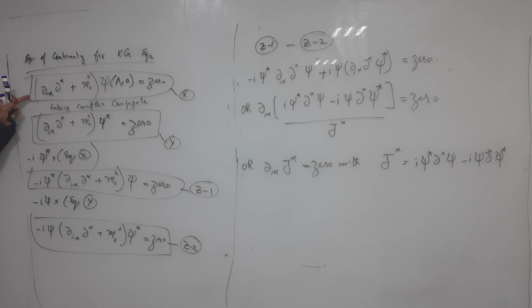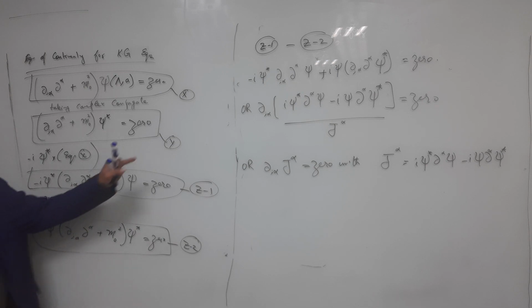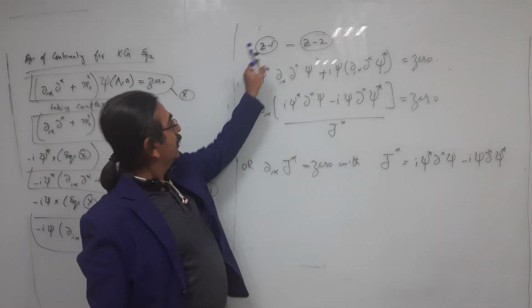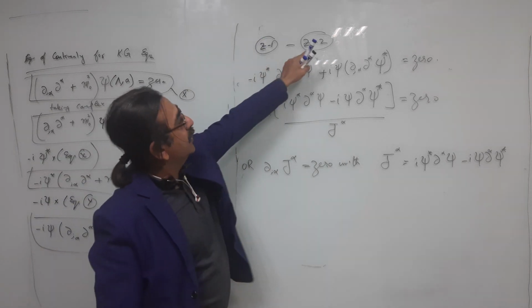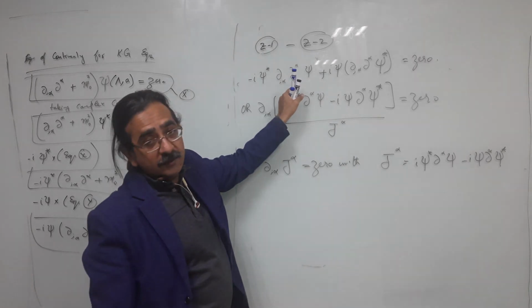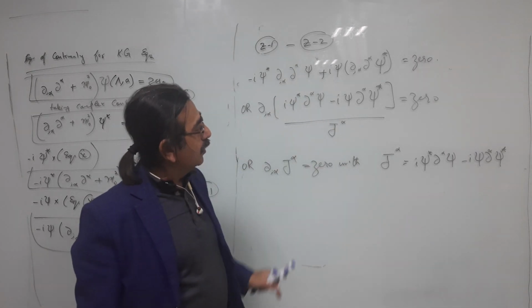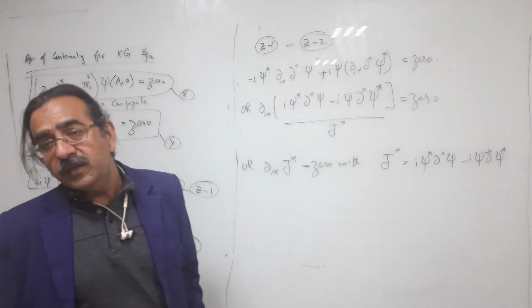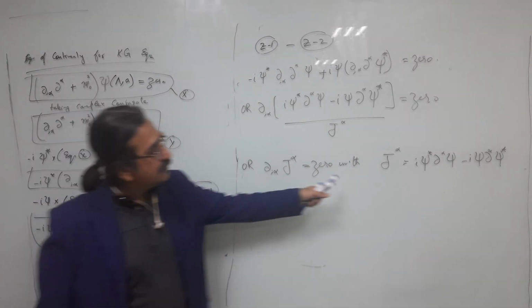I repeat it. Firstly, I write the equation, then I take the complex conjugate, then I multiply the equation with this, and we get this result. Then I multiply with this, and we get this. Then we subtract the second from the first, and we get this result. And this is the equation of continuity for the KG equation, where J is given by this.